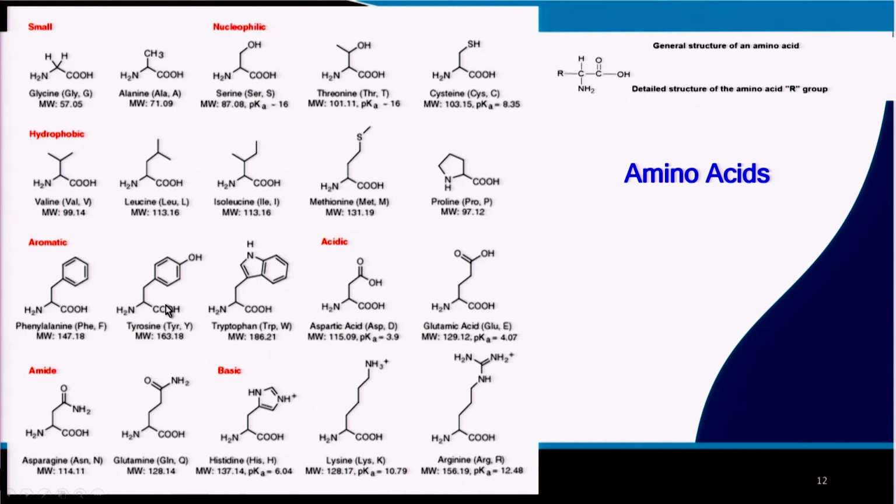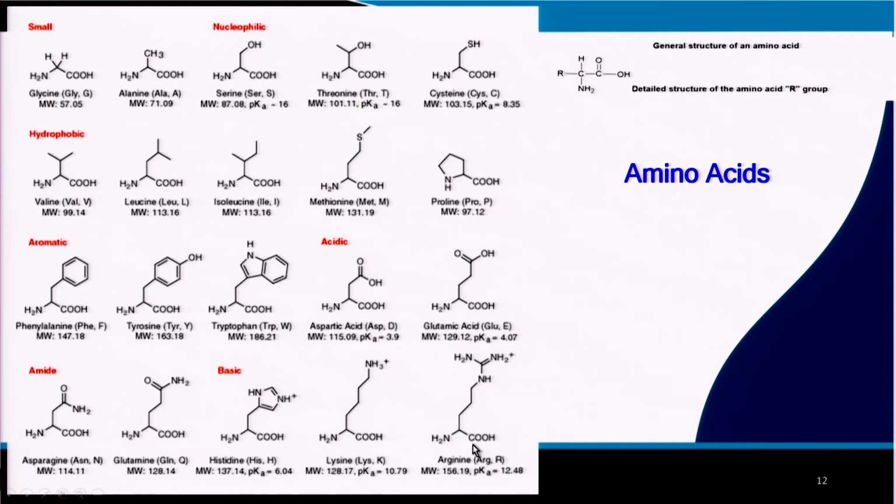Then you have the aromatic ones. You can see the ring structure in 3 of them: phenylalanine, tyrosine, and tryptophan. And then you have the acidic ones: aspartic acid and glutamic acid. You have the amides: asparagine and glutamine. And then the basic ones: histidine, lysine, and arginine.